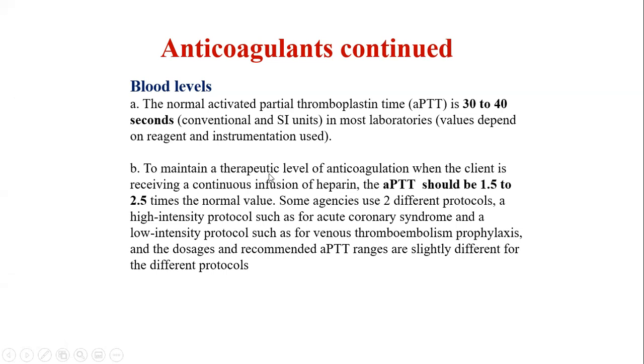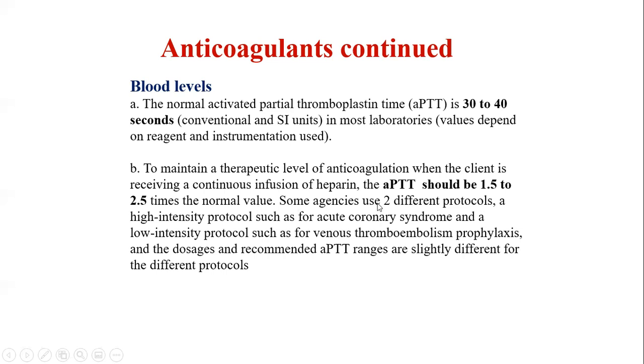Now, to maintain the therapeutic level of anticoagulant, when the client is receiving a continuous infusion of heparin, the activated partial thromboplastin time should be 1.5 to 2.5 times the normal values.